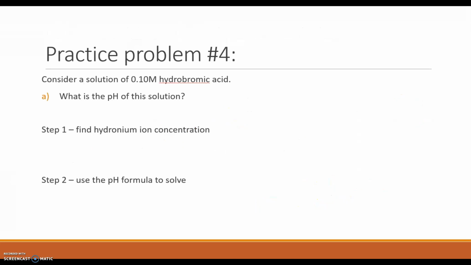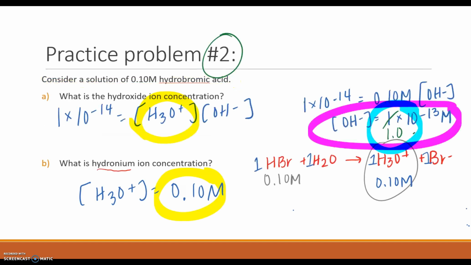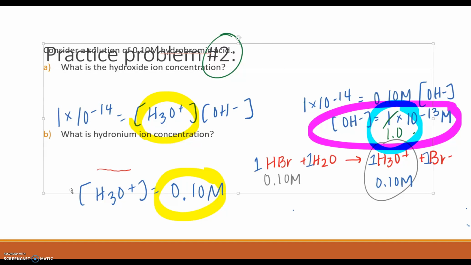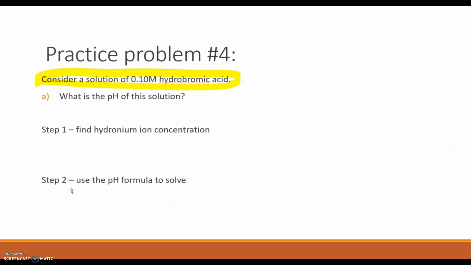All right, so we are going to just solve problems again. So here's our problem. Consider this solution, and this is one that we did earlier. So back in one of the other practice problems that we did, in fact, it was number 2, we found that the hydronium concentration was 0.10. So you could also have figured that out this time.